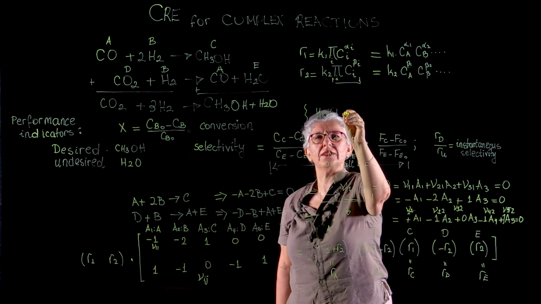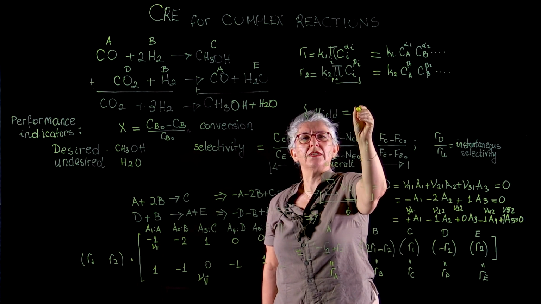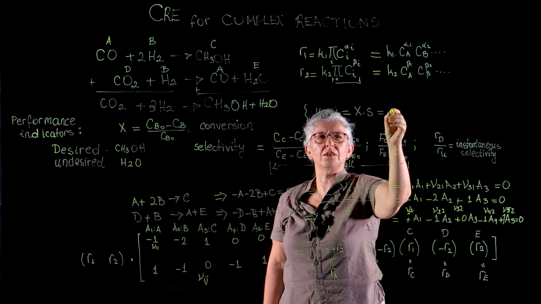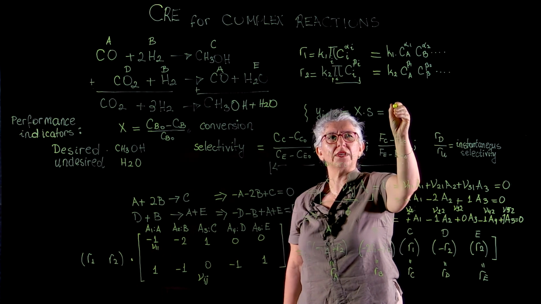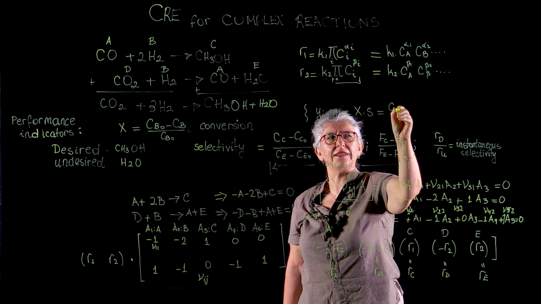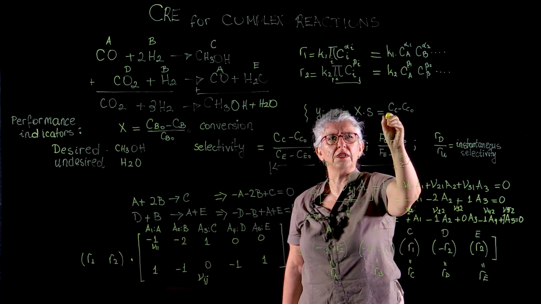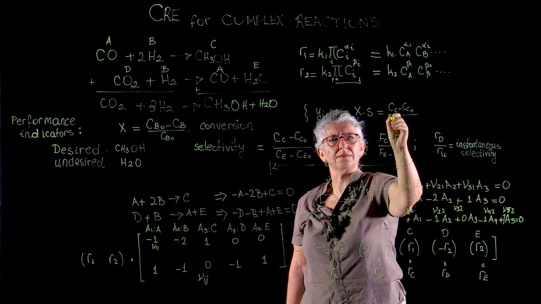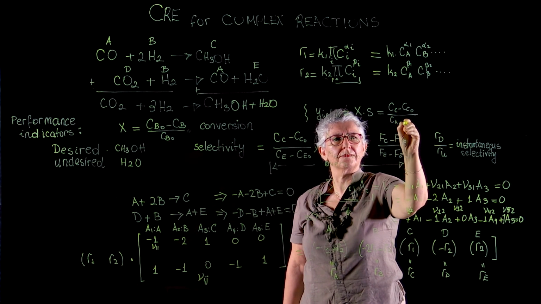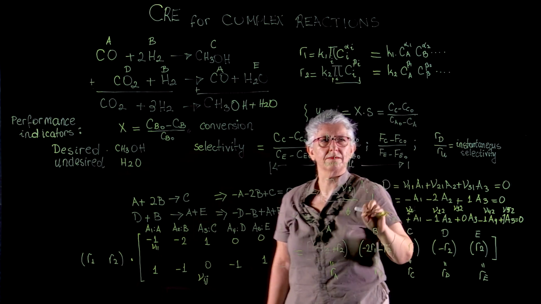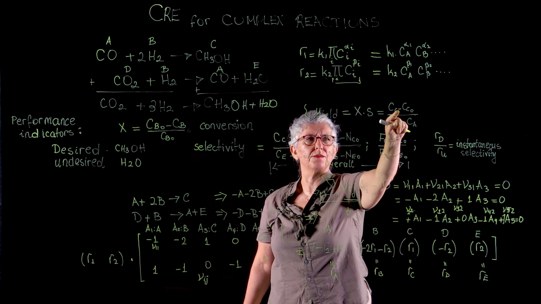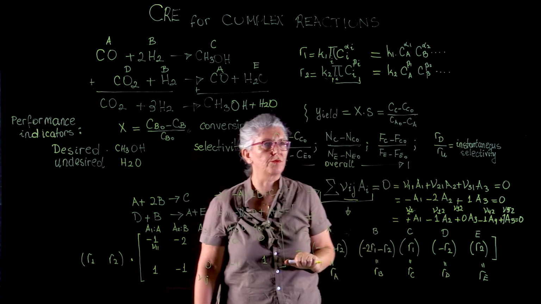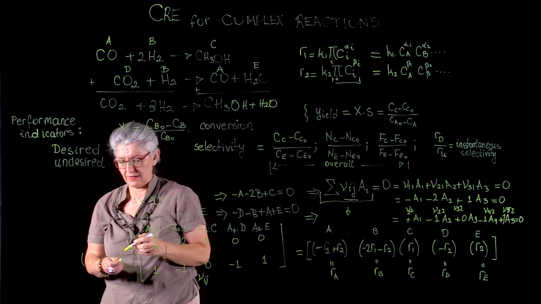So it is, in mathematical form, conversion times the selectivity, or it is the desired product C minus C0 divided by CA0 minus CA. So much is converted, so much is converted. How much of this is used to produce the desired product?